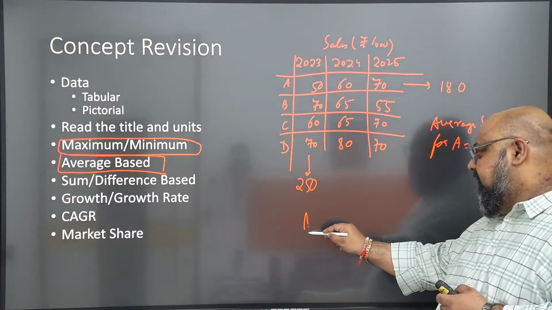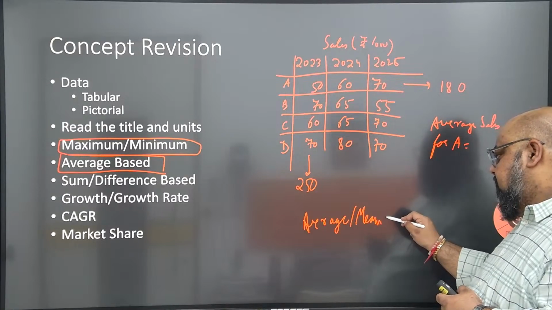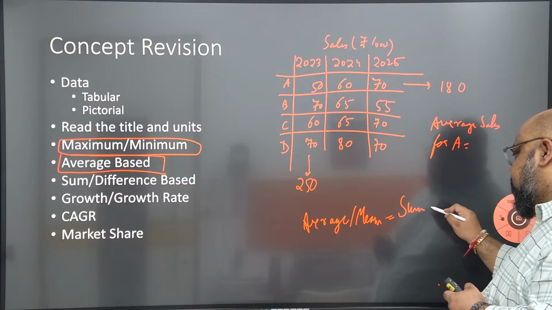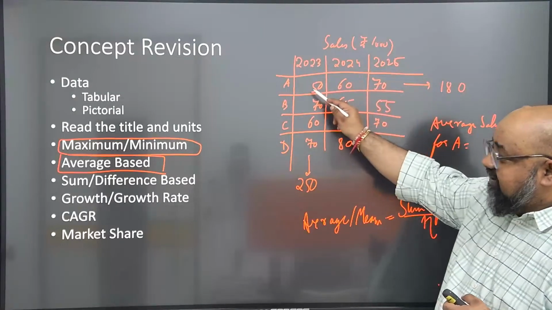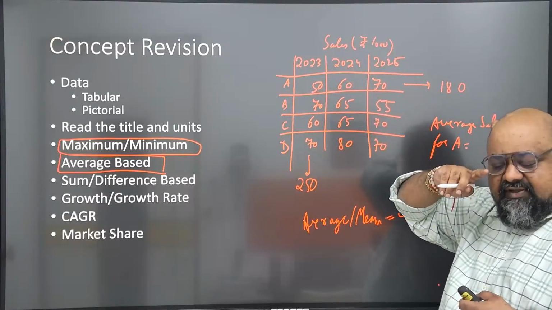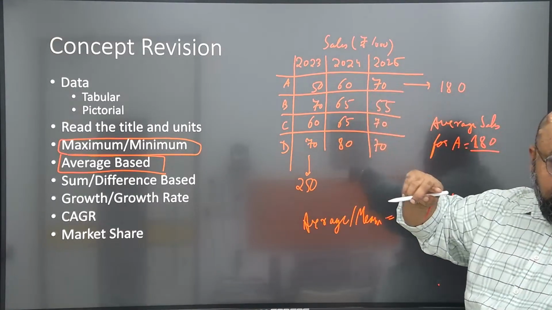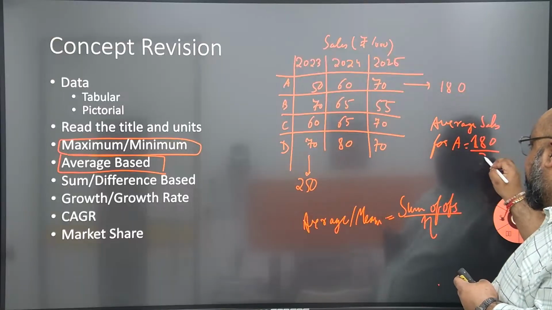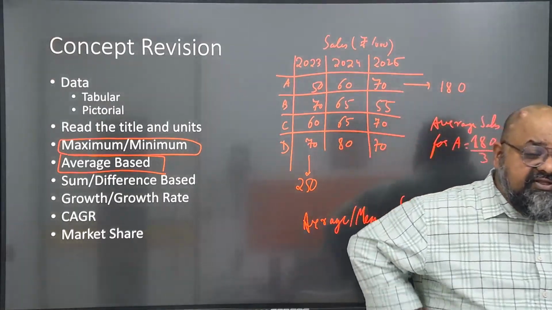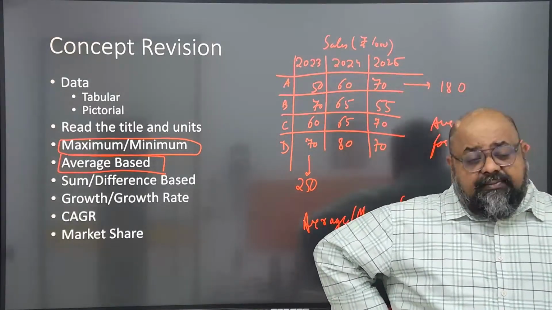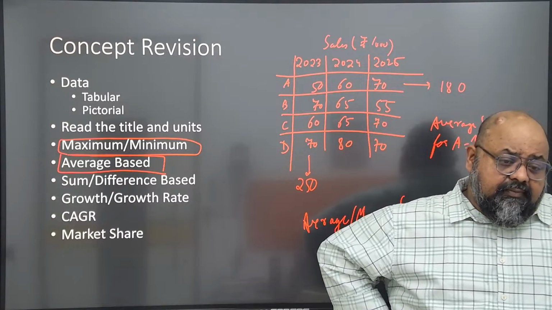The average or mean is nothing but sum of observations upon number of observations. In this case, if I have to find out the average for A, the sum of observations is 180, and there are 3 years that we are looking at. Therefore, the number of observations becomes 3. Average sales becomes 60. I could also ask you the average sales of the 4 companies for the year 2024, for example. Again, add, in this case, divide by 4, right?